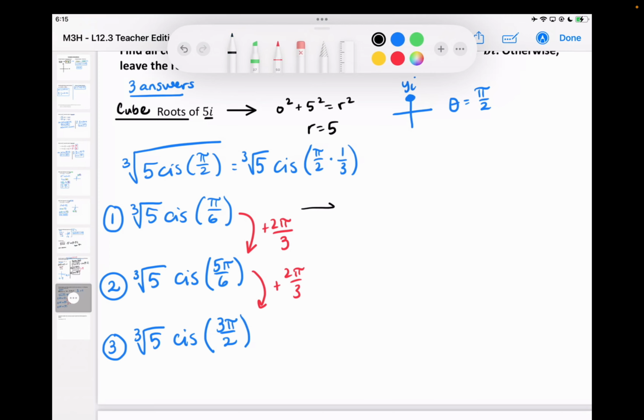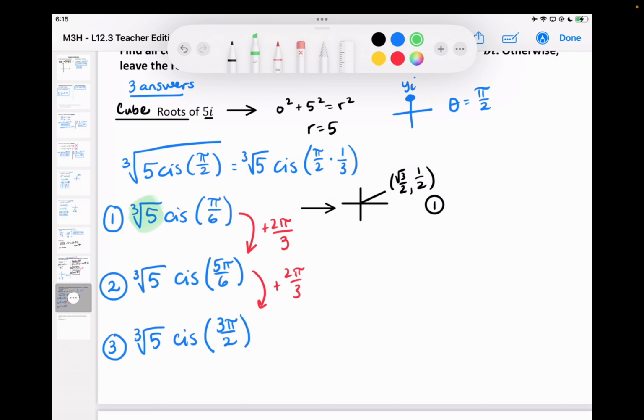So for solution number 1, in fact, this is what I do for all of them. What I first do is I figure out the coordinate on the unit circle for that angle. So pi 6 is square root of 3 over 2, 1/2. To convert this for solution number 1, all I'm doing is I'm multiplying the cube root of 5 by both of these coordinates.